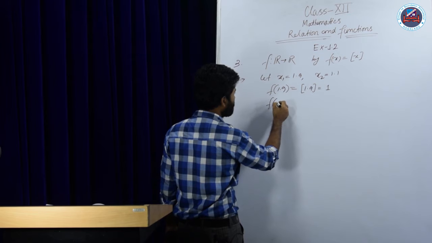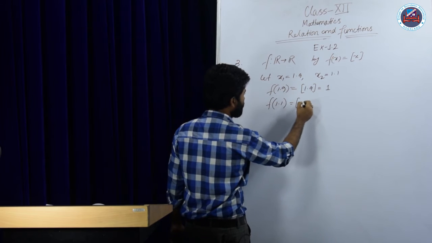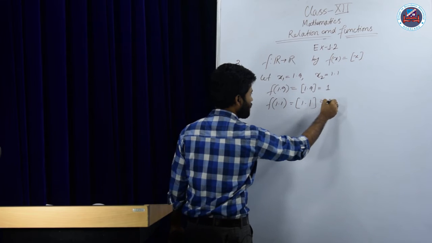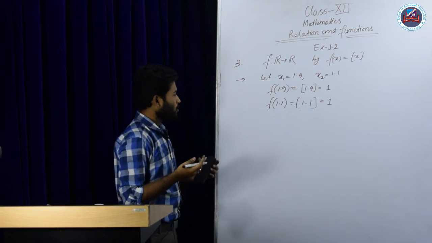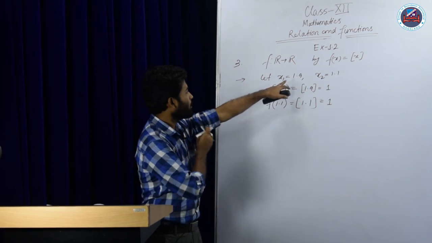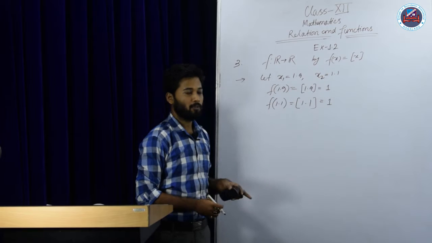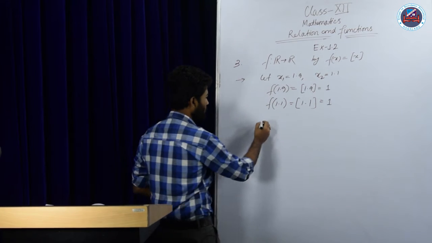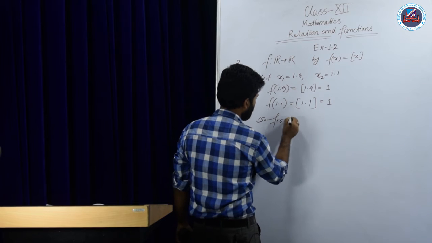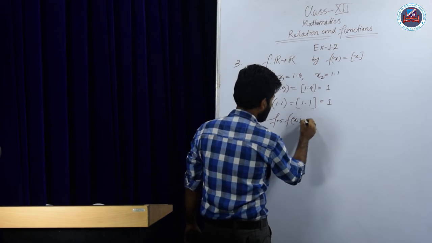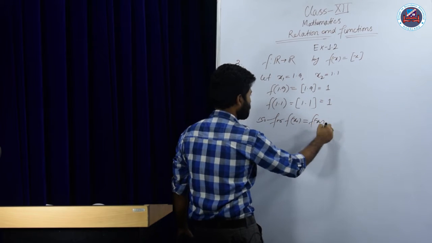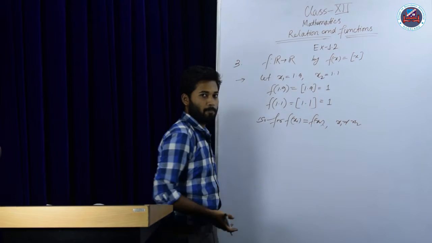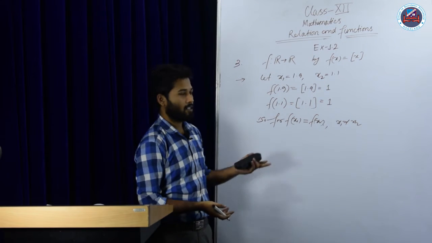Next, f of 1.1, the greatest integer function of 1.1 will give us 1 again. So clearly we can see that for two different x1 and x2, we are having the same f of x1 and f of x2. So for f of x1 equal to f of x2, x1 is not equal to x2. So clearly this function is not 1, 1.